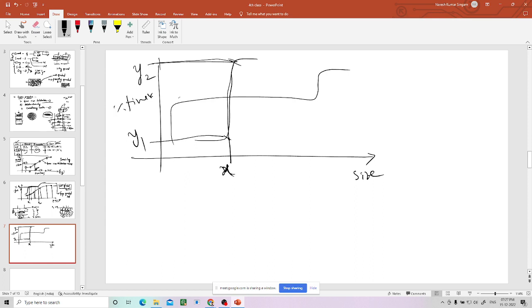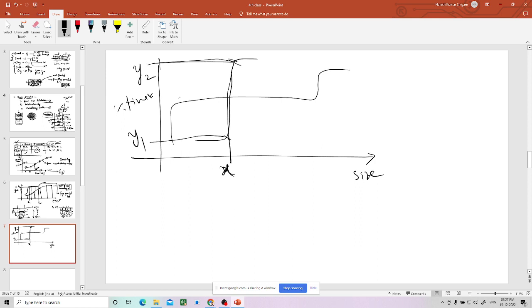Can you tell me? There's a sudden increase in percentage finer at X. What can you infer from this? What can you observe? There is a larger number of particles of size X in the soil. Exactly, correct.